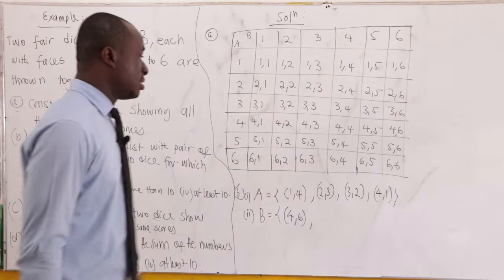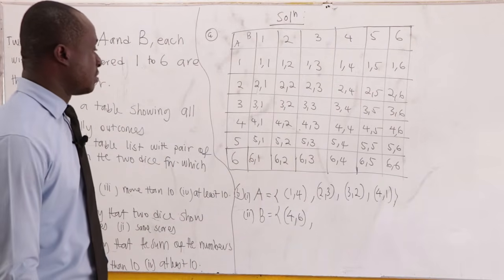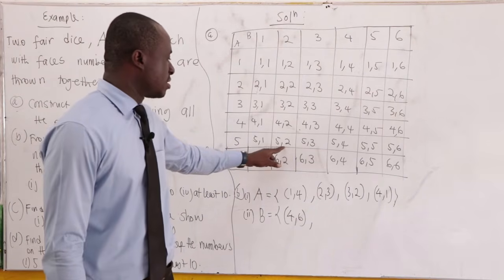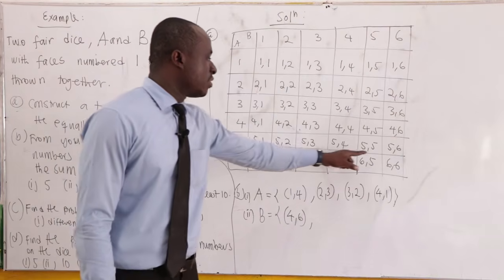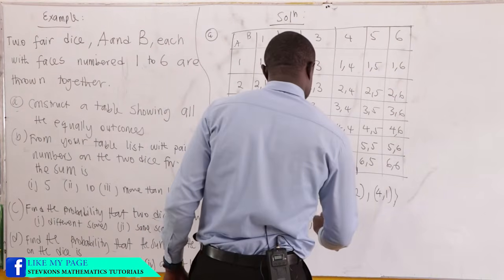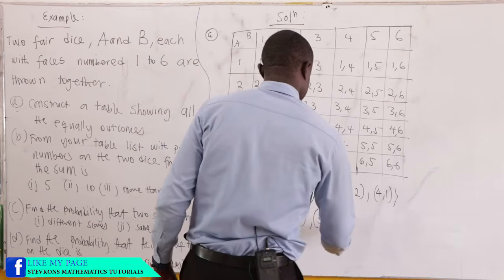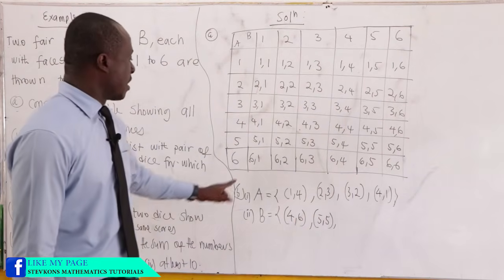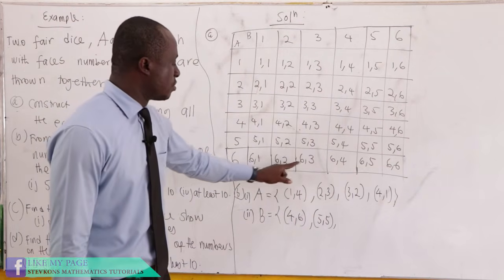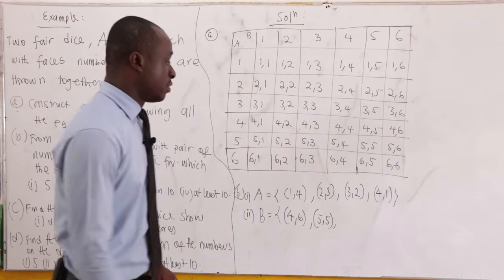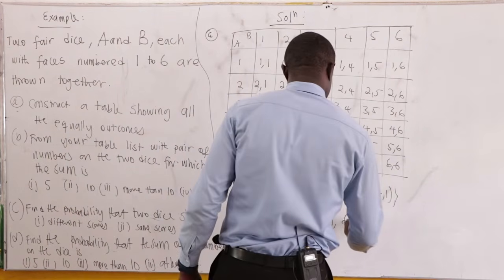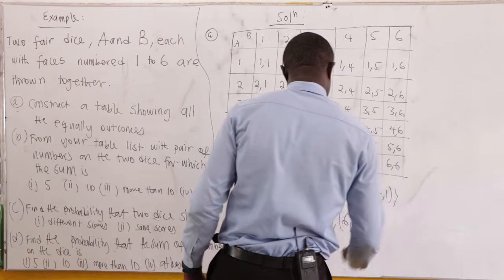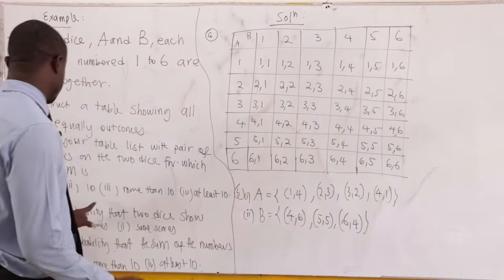Now 5 plus 1, no. 5 plus 2, no. 5 plus 3, no. 5 plus 5 is giving us 10. Now 6 plus 1, no. 6 plus 2, no. 6 plus 3, no. 6 plus 4 is giving us 10. So 6, 4. These are they.